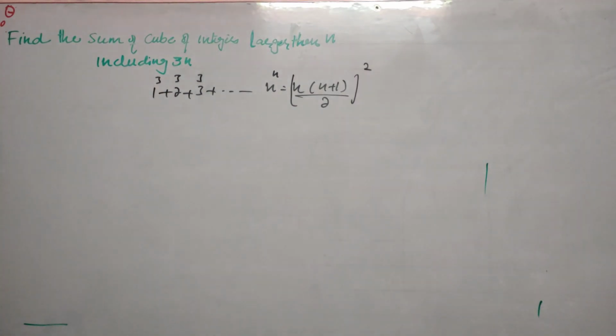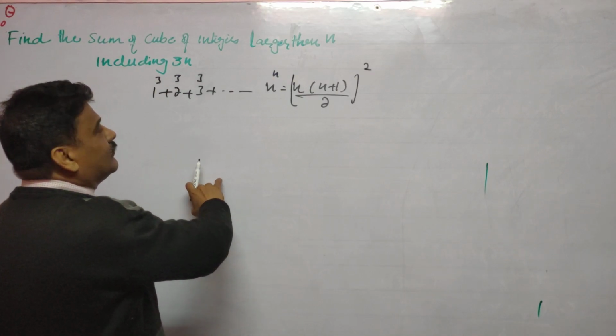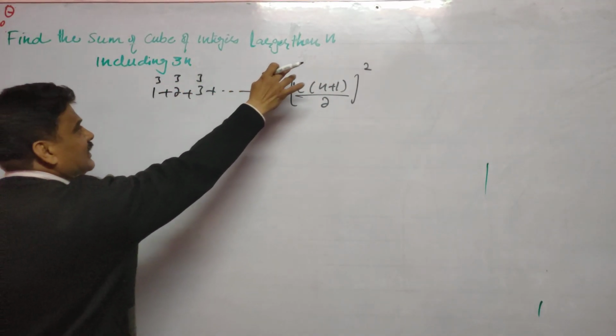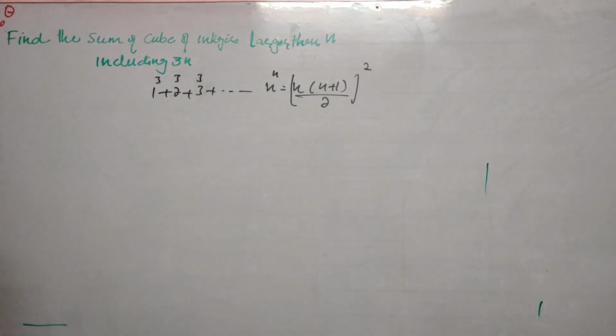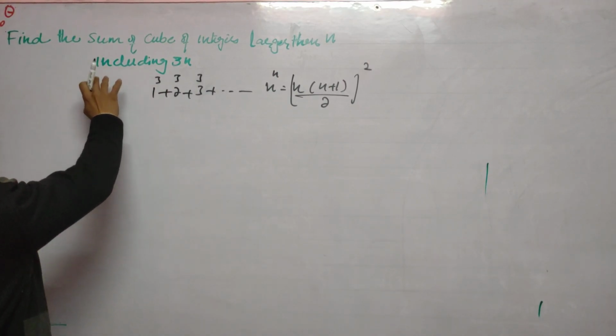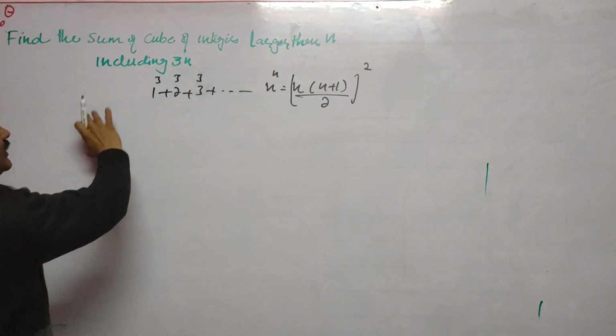We have to find the sum of cubes of integers which is larger than n. I mean to say the sum is larger than n but including 3n. In this question we have to find the sum of cubes of integers larger than n including 3n.